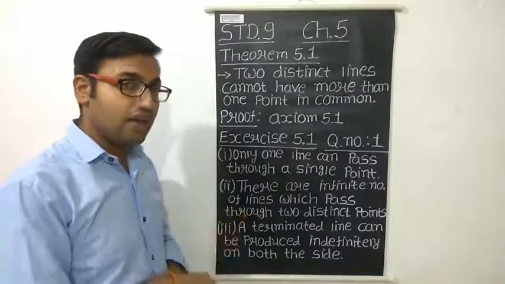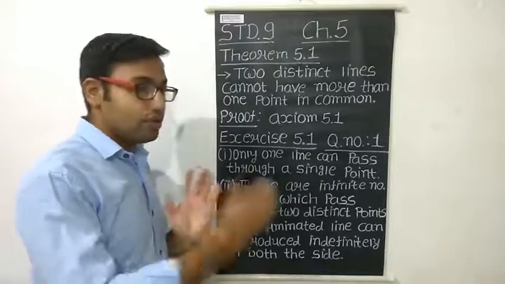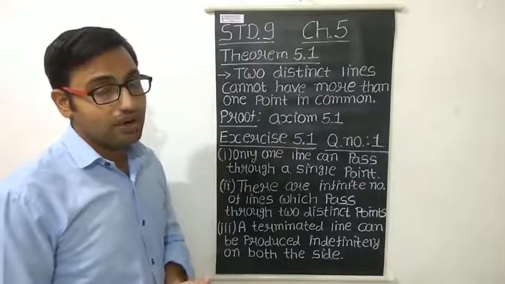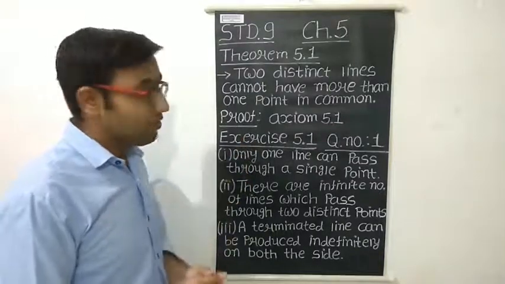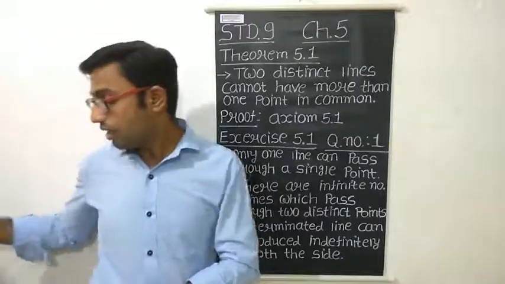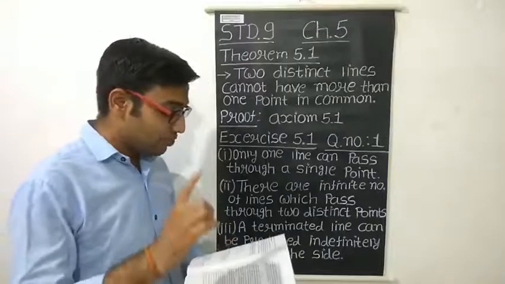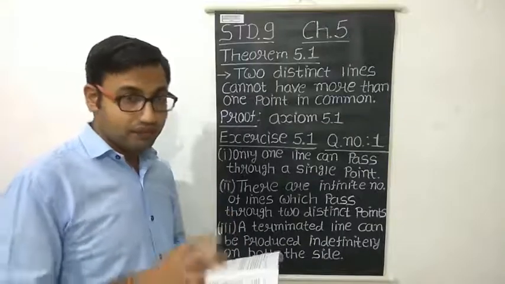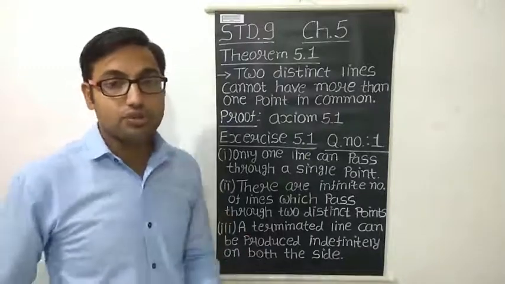Now, what is the statement of axiom 5.1? Axiom 5.1 states that given two distinct points, there is a unique line that passes through them. If we have two points, then only one line can pass through them.